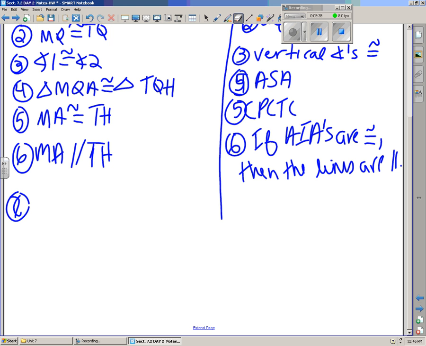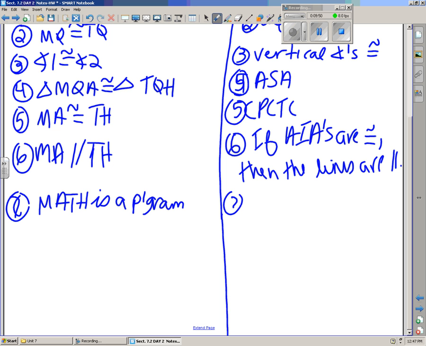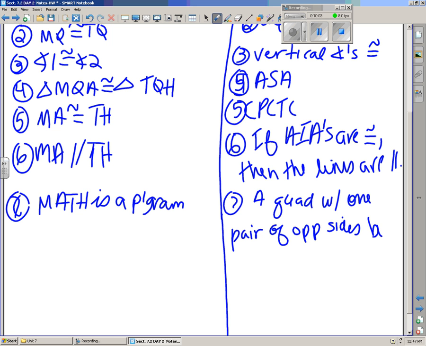So we then can say MATH is a p-gram, and the reason here is a quad with one pair of opposite sides both parallel and congruent is a p-gram. Now you are done.